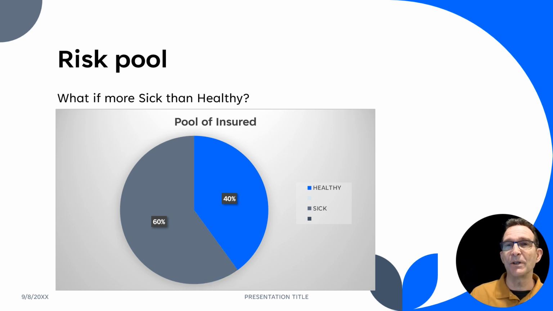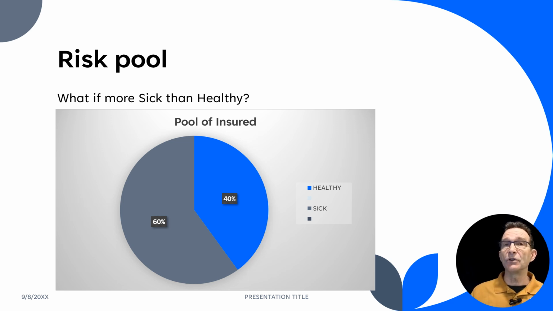If you have a situation like this where you have more people who are sick in the pool of insured, of course, that can become costly for the insurance company. So as you start your study and start preparing to become an agent, it's important for you to understand, from the insurance company's perspective, what they are trying to achieve.